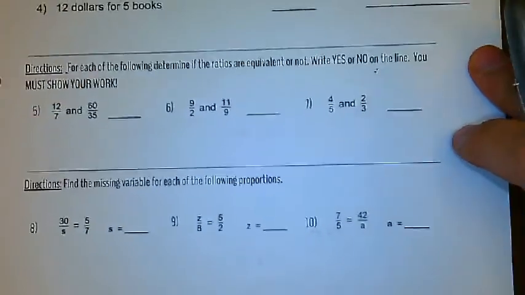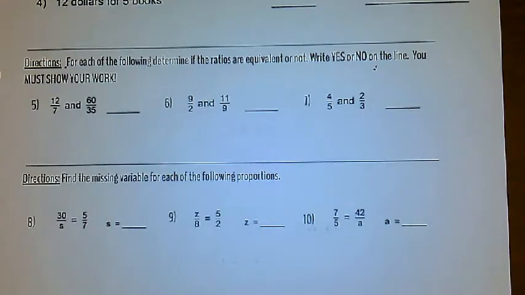Okay, so I'm actually going to show you something a little bit new. It's not really new, but it's an easy way to determine if ratios are equivalent. So what we've been doing in class is we've been simplifying each of these and then comparing if their simplified form is in fact equivalent. So 12 over 7, that would just stay 12 over 7.